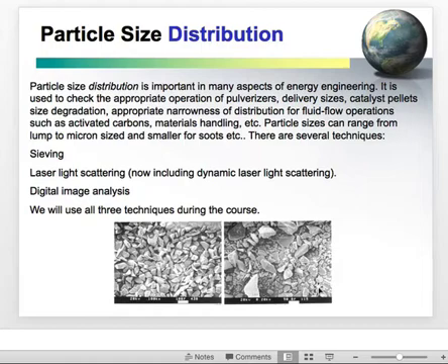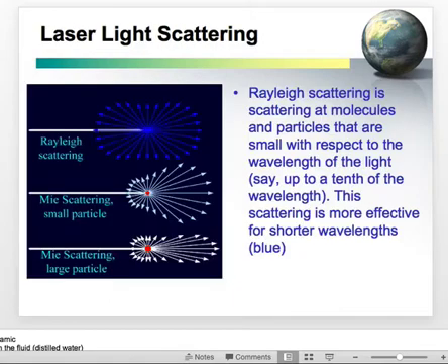I get some of the smaller particles sticking to larger particles, and that is not particularly good for work involving particle size distribution. The laser light scattering takes advantage of Mie scattering theory, and this is that smaller particles will scatter in a different way than large particles, and so this gives us an indication of particle size.